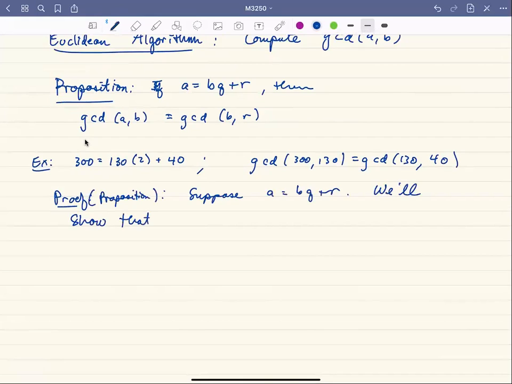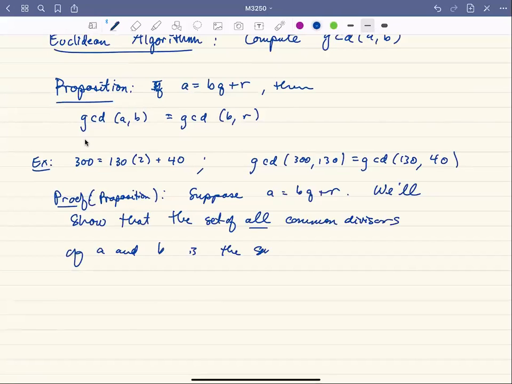is that the set of all common divisors of a and b is the same as the set of all common divisors of b and r.